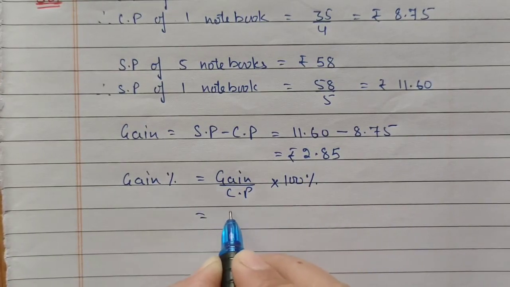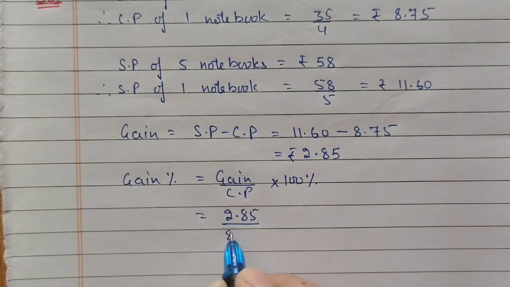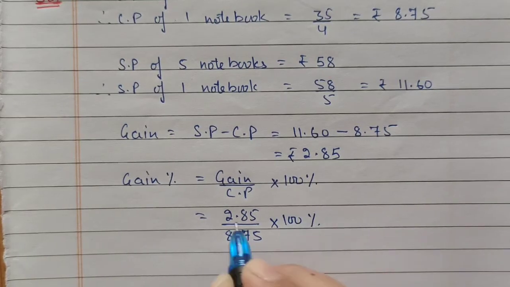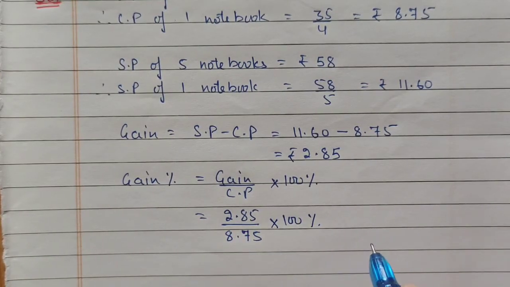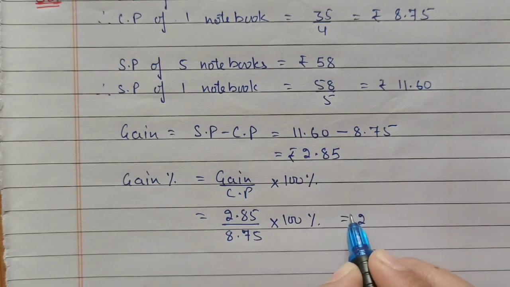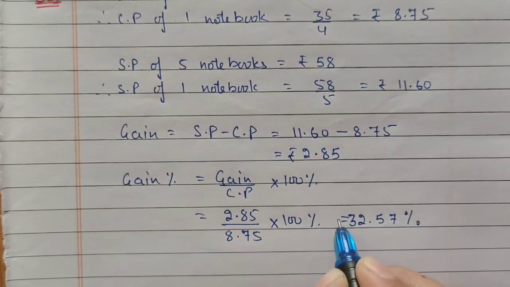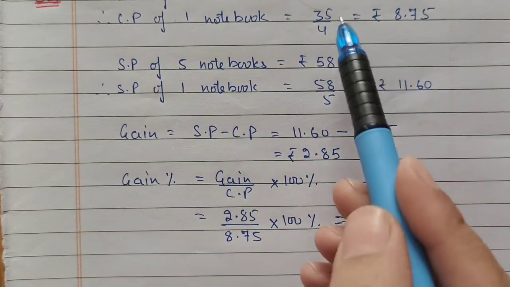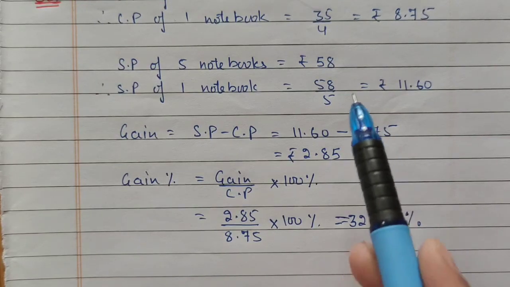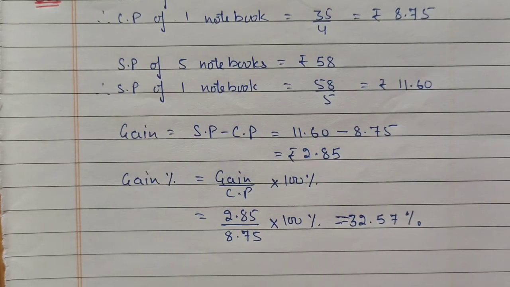Gain is 2 rupees 85 paise and CP for one notebook is 8 rupees 75 paise, into 100%. We can remove the decimal and after calculation we get 32.57%. If you take your cost price and selling price in fraction, then you get the answer in fraction. If you take decimal, you get the answer in decimal. So this is the first part.